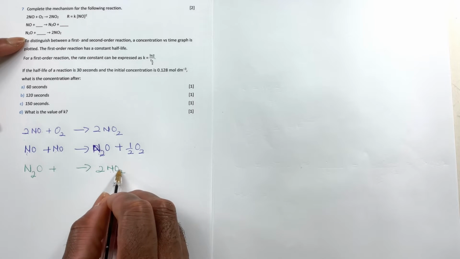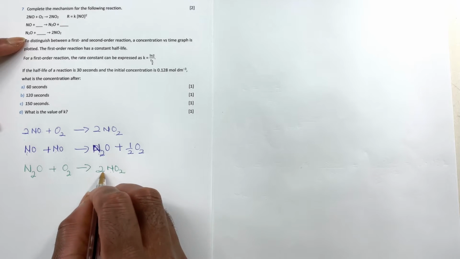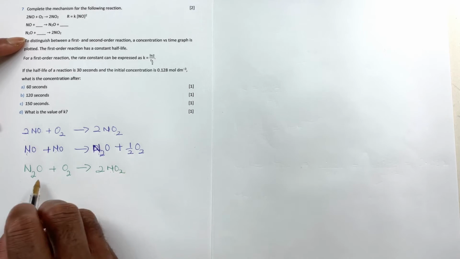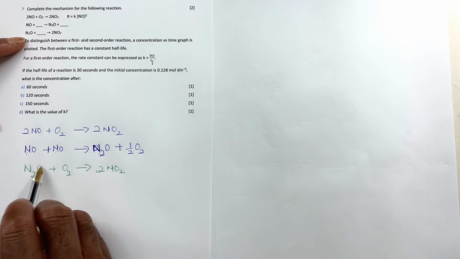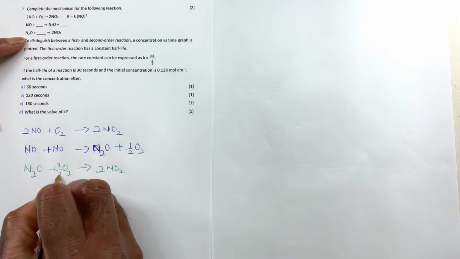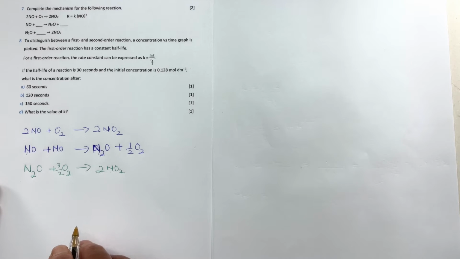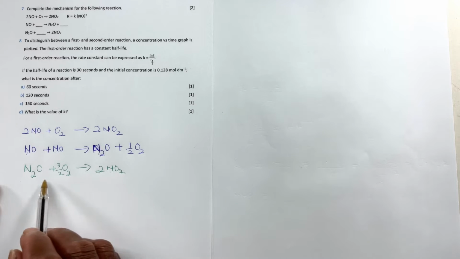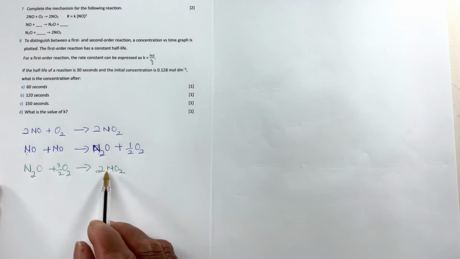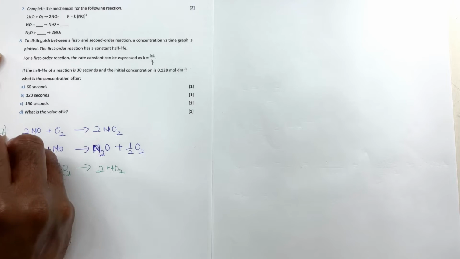So I only need oxygen, so that has to be O2, but I've got 4 here. I only need 3 more, so that'll be 3/2. And that's balanced, because I've got 4 here for oxygen, 2 times 2, and I've already got 1 here. I only need 3 more, so I'll do 3/2. And that's done. So that's question 7.